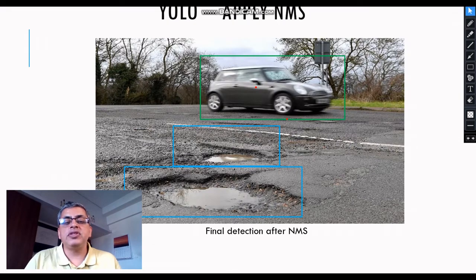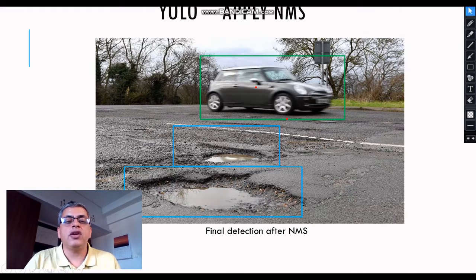The next step of the process is to apply non-maxima suppression. We saw non-maxima suppression when we discussed RCNN. Non-maximum suppression, as we know, is to reduce the number of boxes and to fuse together many of the multiple bounding boxes which we predicted, and to form one single box.